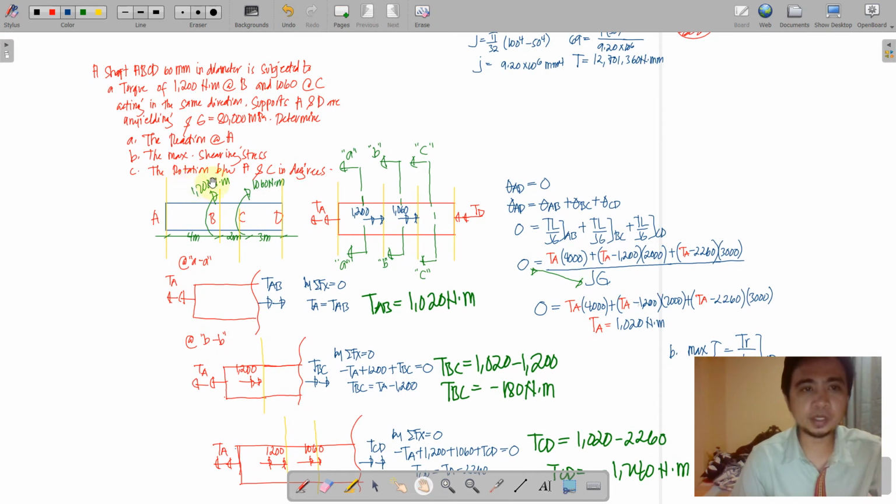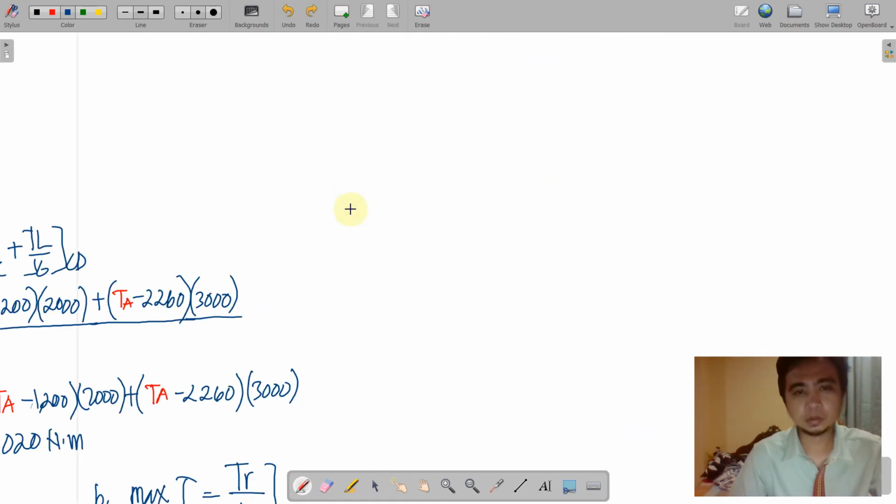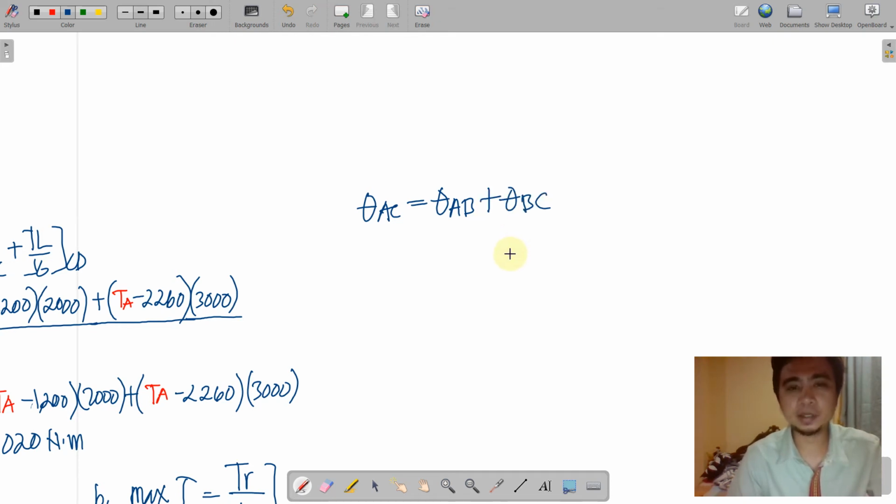And then for the third unknown, we have here the rotation between A and C in degrees. To do this, we are going to write the rotation equation from A to C. That will be equal to theta AB plus theta BC.